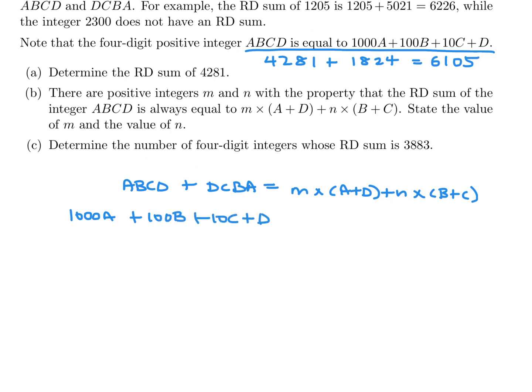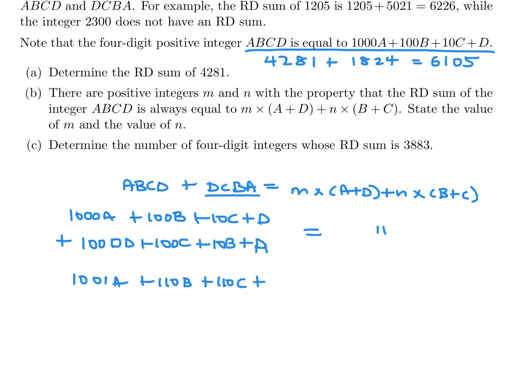And then very similarly, this guy would be 1000D plus 100C plus 10B plus A. And when you add these guys up, it becomes 1000 and... Hold on, did I do this right? I think this is an A here. 1001A plus 110B plus 110C plus 1001D.